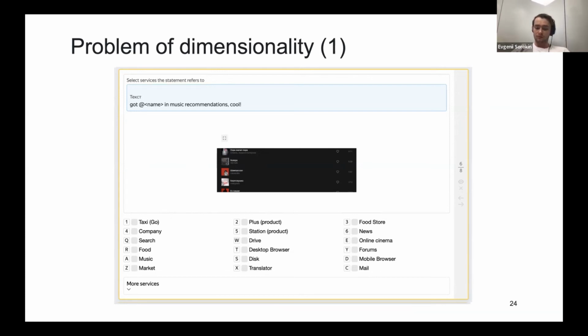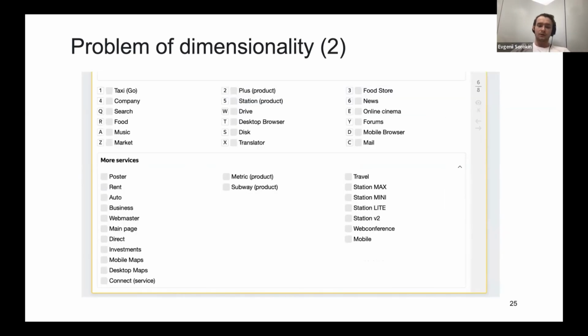In your particular project, you have 60 labels. Unfortunately, it is not comfortable for an annotator to search through them. So you need somehow to reduce the amount of final labels for the Toloka. How can you do that?